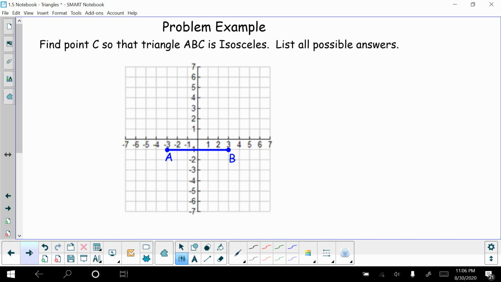Okay, last problem. It says find point C so that triangle ABC is isosceles. List all possible answers. So where can C be in order for this to be isosceles? Right off the bat, I know many of y'all are thinking, well, I could put a point right here, and then connect it like this, and these two sides are going to be congruent, and that is correct.